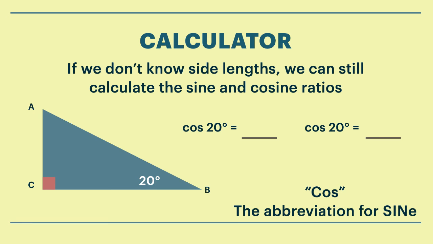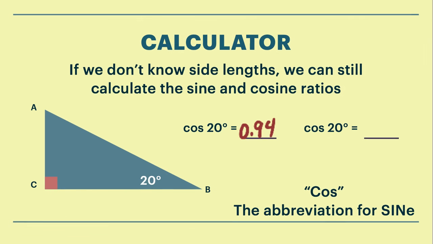Our calculators can do these things as well. I don't have my calculator pulled up, but I will here shortly. You aren't going to be able to see this, unfortunately. But I'm making sure my calculator is in degrees. I'm just typing in the 20 and hitting the cosine. And it gives me 0.94. And cosine of, why do I have cosine of 20 there? Again, it should not be cosine of 20.